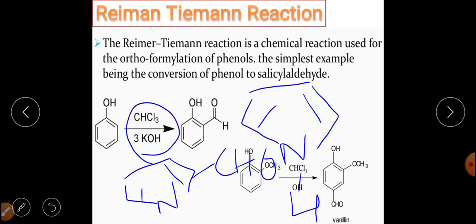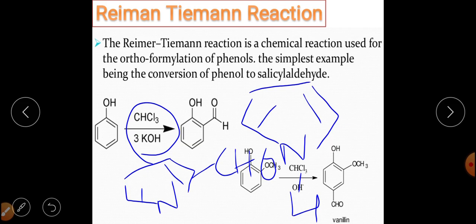So this is how the heterocyclic rings can also be formylated by using chloroform in the presence of base. Again, the mechanism will be the same as in the case of phenol.